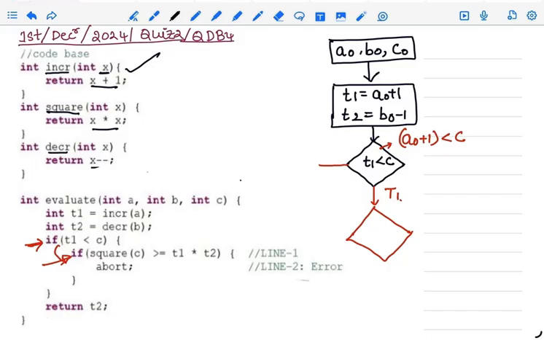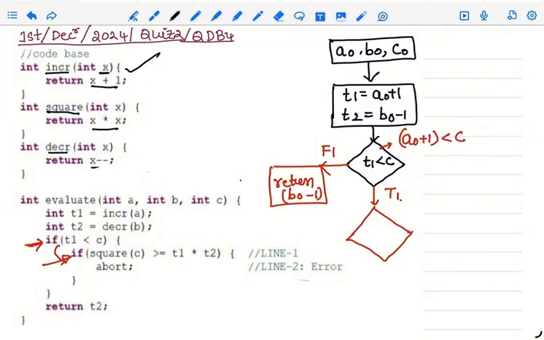If the condition is false, return t2. What is t2? b0 minus 1, so return b0 minus 1. If t1 is true, next is another if condition, which we write in a different color.